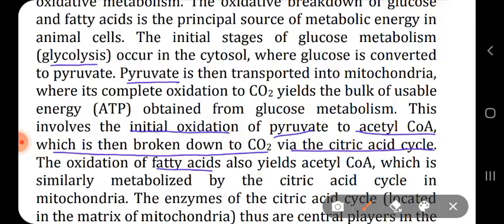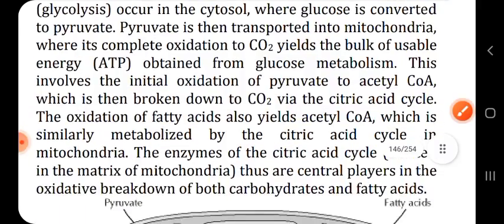Similarly, fatty acids are also oxidized to yield acetyl coenzyme A, which will be similarly metabolized by the citric acid cycle within the mitochondria. So now we need the enzymes that are involved in the citric acid cycle.